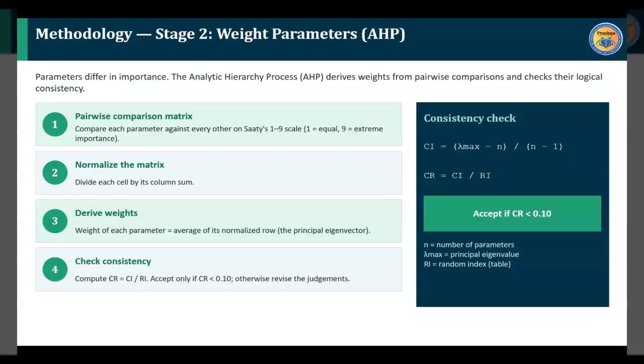High is good. Then for sustainability risk, rank 5 means highest risk. A steep decline of groundwater gets a 5.